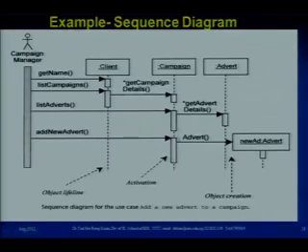The first one is get campaign details, the second one is list efforts, and the third one is add new effort. So you will have to show them accordingly in the class diagram.